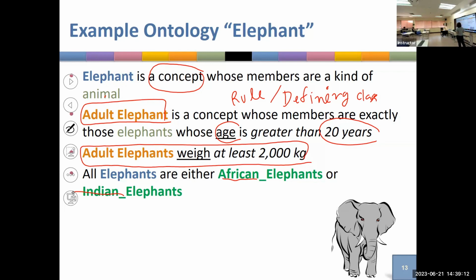Size? So which one is bigger? Ears? African elephant has bigger ears. Yes, very big. How about brains? Brain size. Which ones are smarter? The smarter must have a bigger brain size, right?